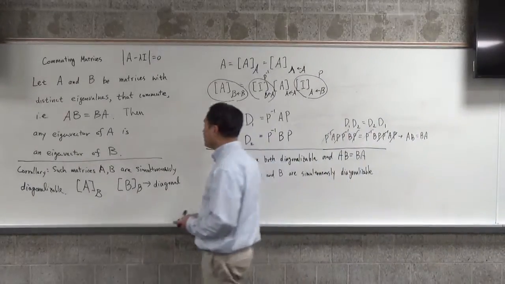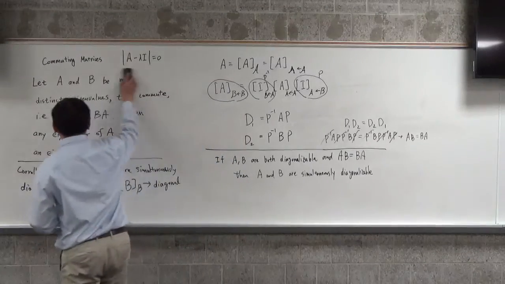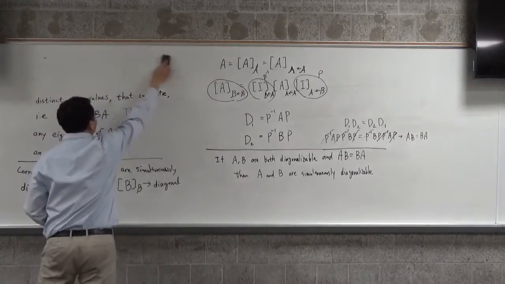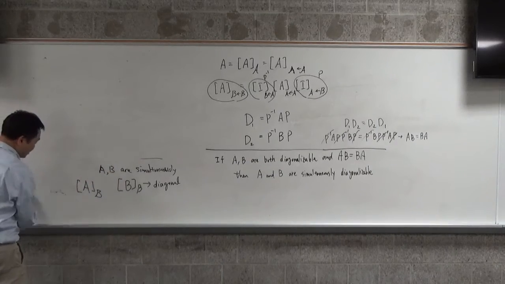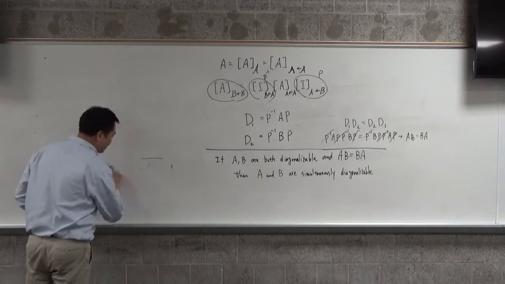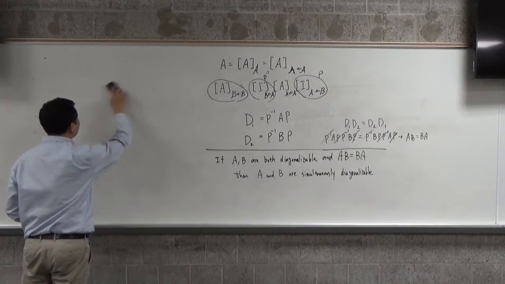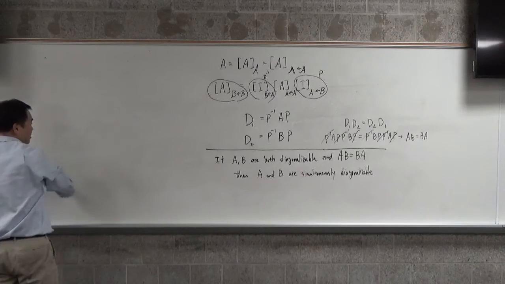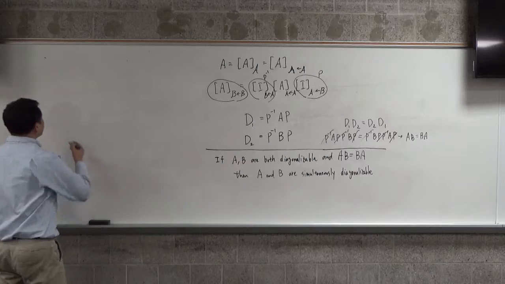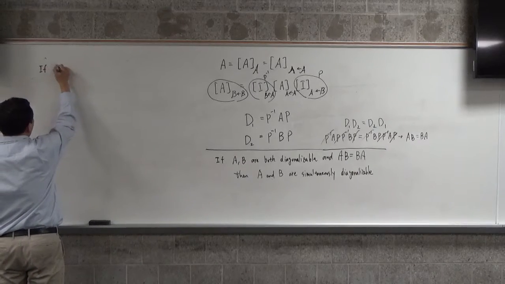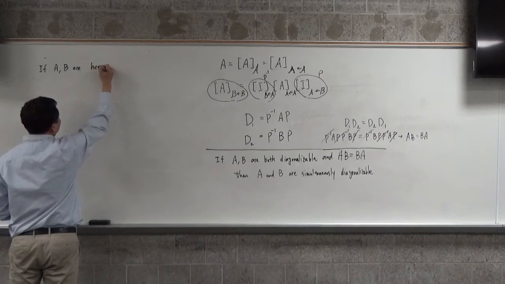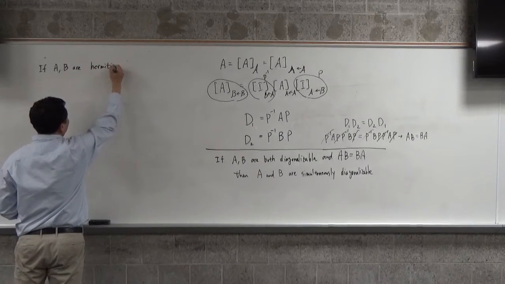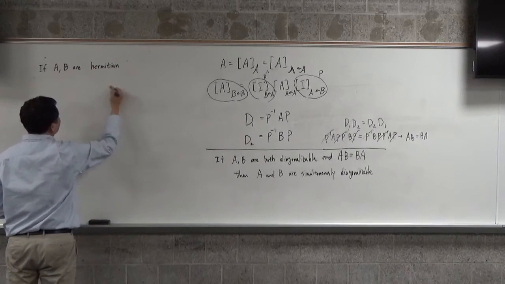Now, this one has another important corollary, which has some application in quantum mechanics, but I guess that's just too much for this class. So, if A, B are Hermitian, okay.